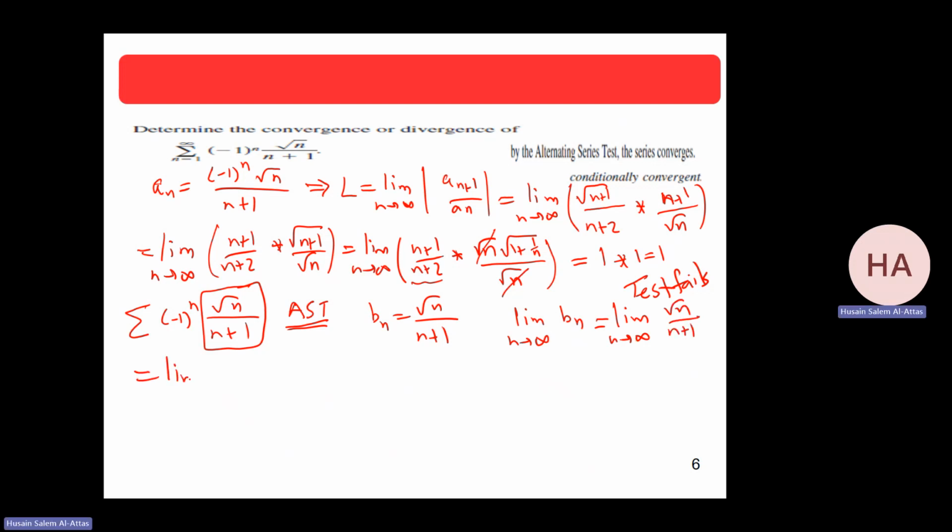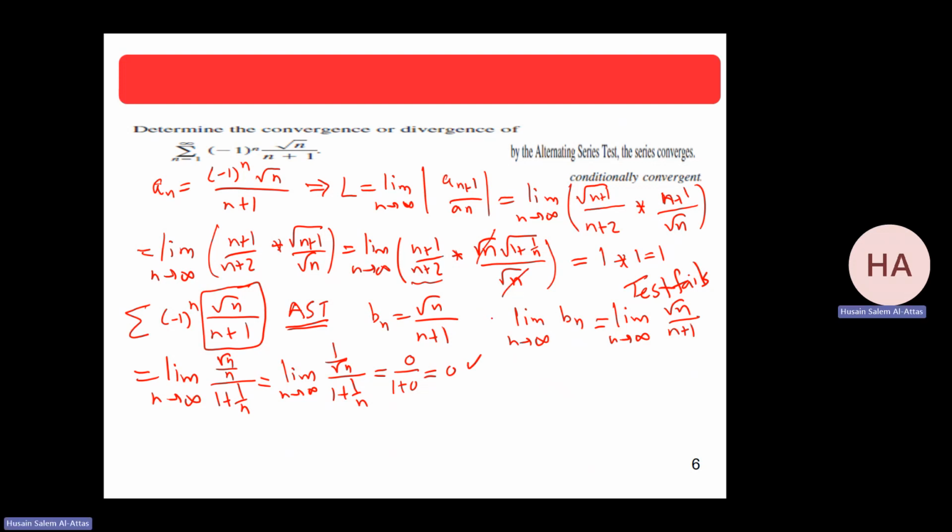If I divide by n in the numerator and denominator, I have the limit as n goes to infinity of 1 over square root of n, over 1 plus 1 over n. And that gives me 0 over 1 plus 0, which is 0. So the first condition is satisfied.